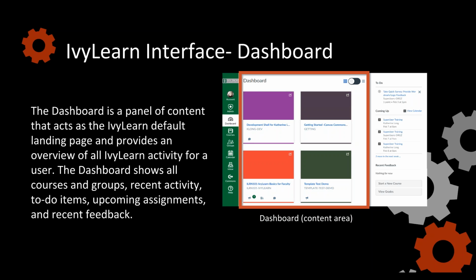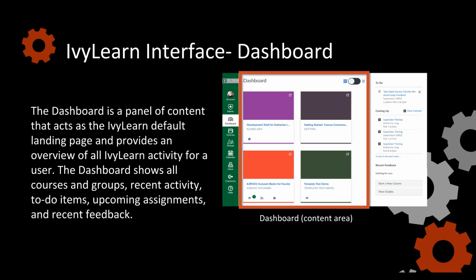So again, when we log into IvyLearn for the first time, it opens up to the dashboard. This dashboard area, or the content area on our global interface, contains course cards. These course cards are color-coded and correspond with items on the calendar. These course cards are a list of the courses that you're currently taking.